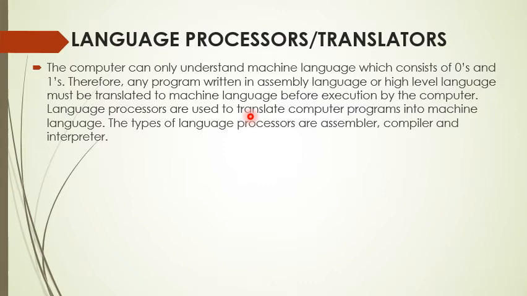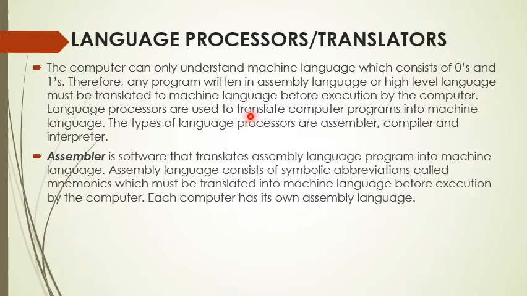Let's discuss all three one by one. Assembler is software that translates an assembly language program into machine language. We have one programming language known as assembly language, and that code needs to be translated into low level language.